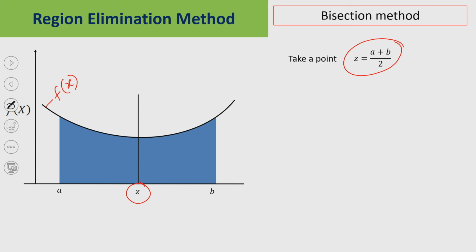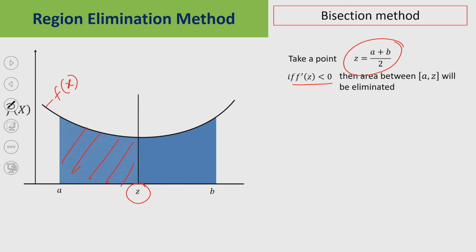We calculate the derivative at Z, f'(Z). If the derivative is negative, less than 0, then this area will be eliminated, is it not?